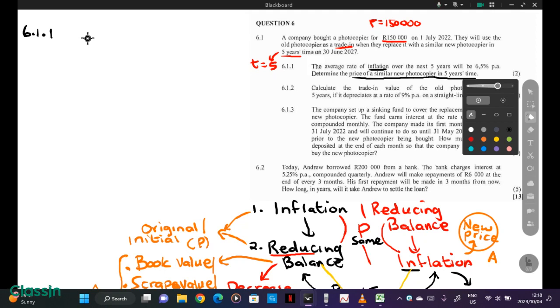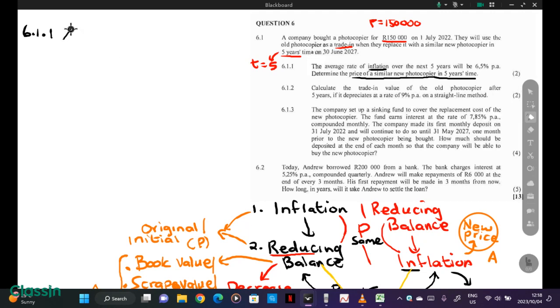Because they want the price of a similar new photocopier in 5 years, and it is about inflation, our formula will be A equals P into (1 plus i) to the power of n. After this, we already know the price of the old photocopier, and it's 150,000.